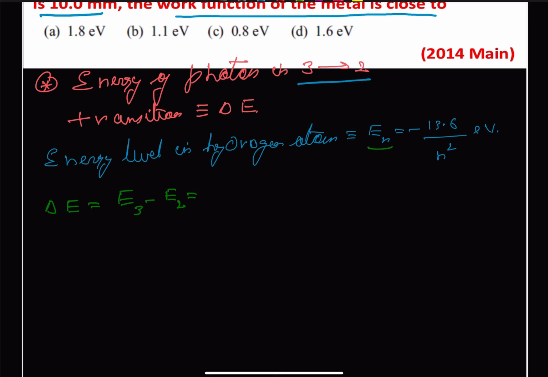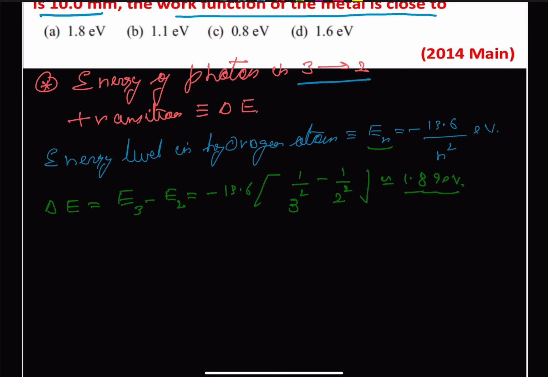So according to levels 3 and 2, minus 13.6 will be our common term, times 1 upon 3 squared minus 1 upon 2 squared. And this comes as approximately 1.89 electron volt.